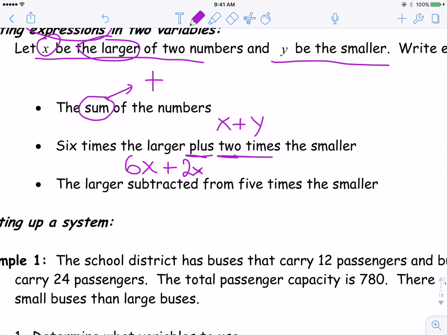The last one, the larger subtracted from 5 times the smaller. So subtraction, I know it's going to be subtracted, so there's going to be a minus sign. Now we're subtracting this from this. So the 5 times the smaller has to come first. 5 times y, which is the smaller number, minus the larger number, 5y minus x.